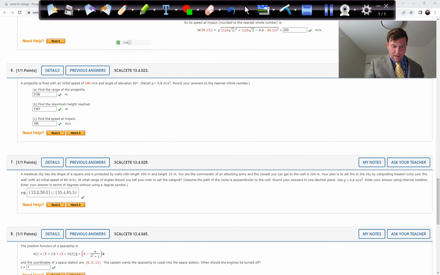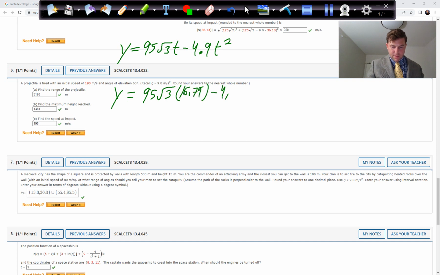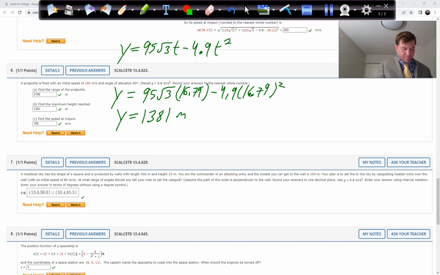The y equation was 95 root 3t minus 4.9 t squared. And we know that it hits its maximum height when the time is 16.79 seconds. You square that, multiply by 4.9, subtract that from this, and you should get the maximum height is 1381 meters.